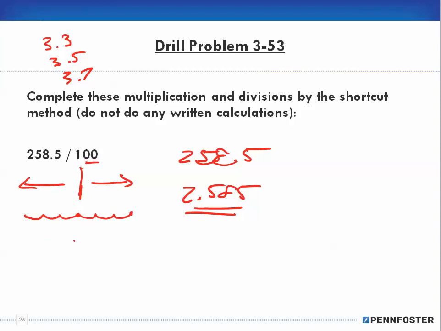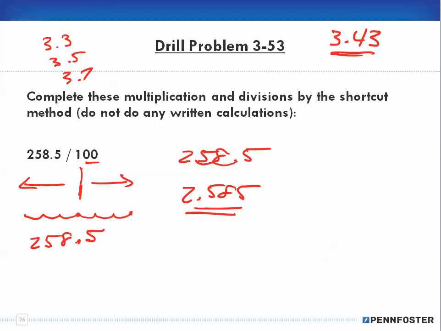Makes sense? We'll use this 258.5. If I'm dividing by 100, and this was covered under problem 3-43, where the textbook was wrong and I gave all of the explanations, so you might want to go back and watch that particular video for a quick understanding.